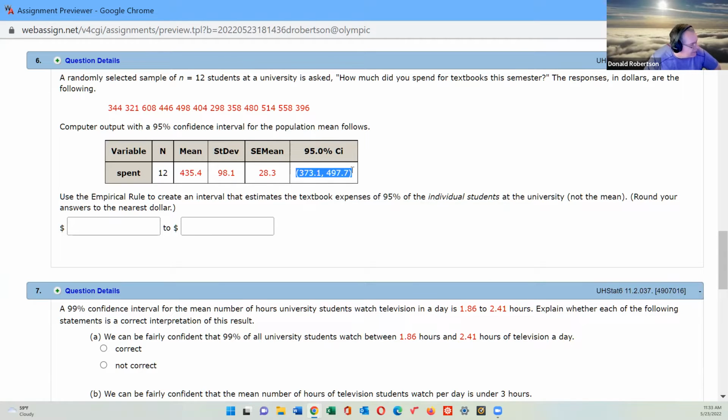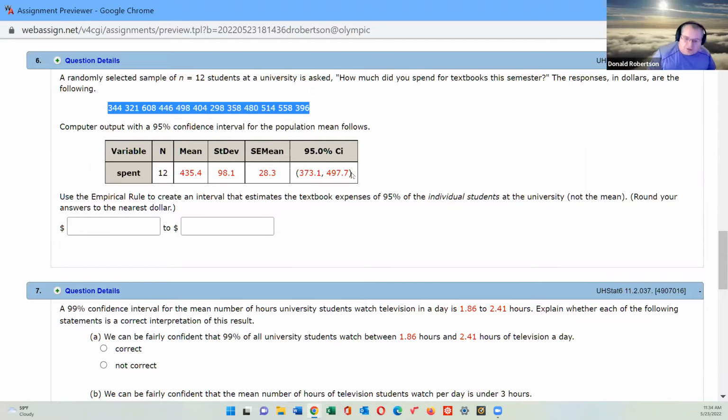This guy here is using the mean plus or minus two of these guys. So far, so good. But we are going to do it with this one plus or minus that one. When they say of the individual students, that means using only this data, not the standard error. Let's jump over and see what we get then.